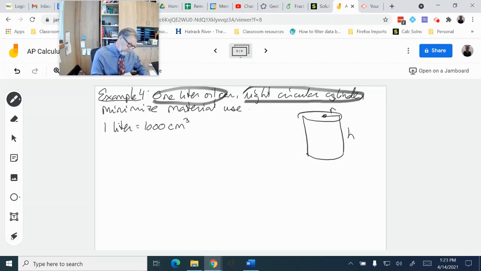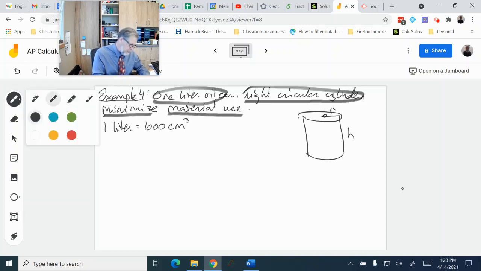and minimize the material use. So minimize, critical point again, material use. So a couple interesting things here. First of all, material use means I'm interested in the surface area.